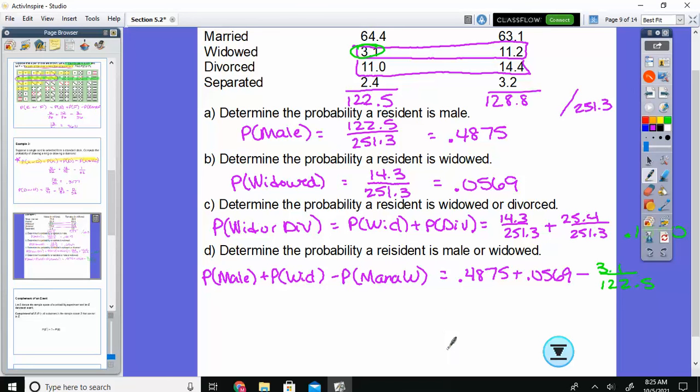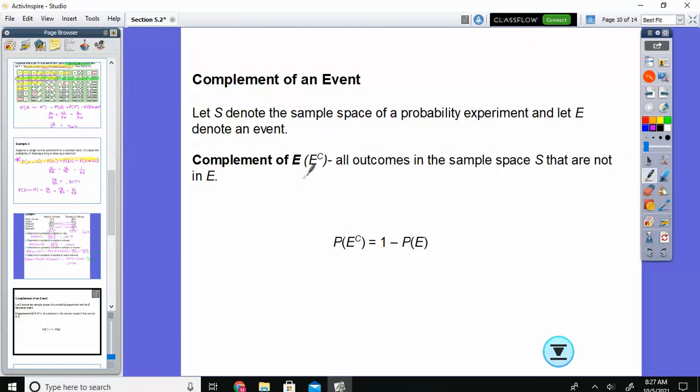Okay, what'd you guys get? To denote that, you'll see sometimes an E with a little C up the top. You might also see just a bar over the top.